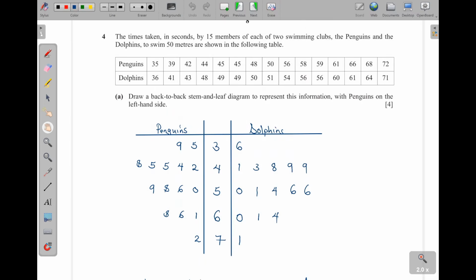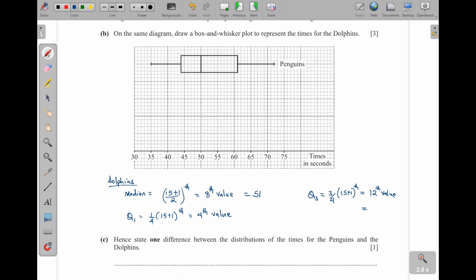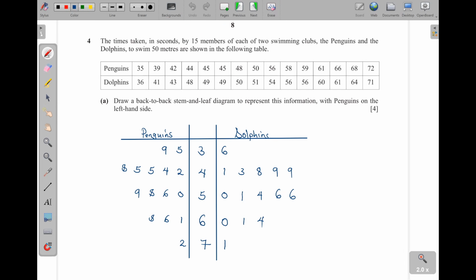I can use this stem and leaf diagram. I can use this data, it is already arranged. So 1, 2, 3, 4, 5, 6, 7, 8. That is 51. Okay, so 51 is what I'm going to take as the median. 51, and then Q1 and Q3. Q1, that is the 4th value. 1, 2, 3, 4.